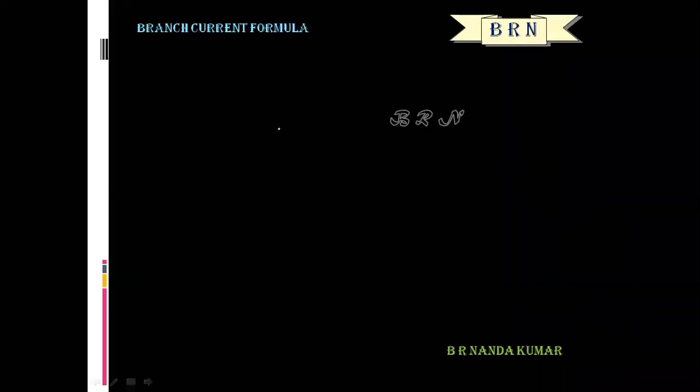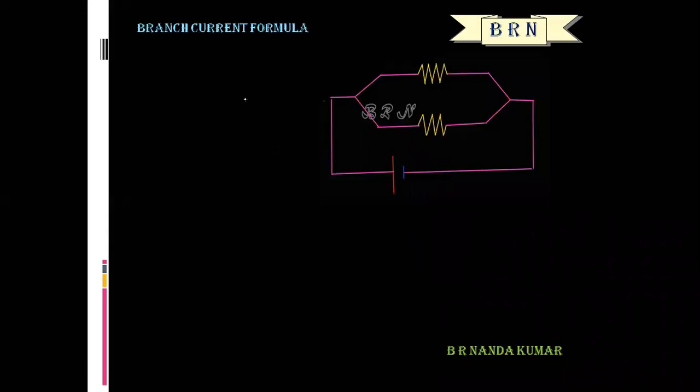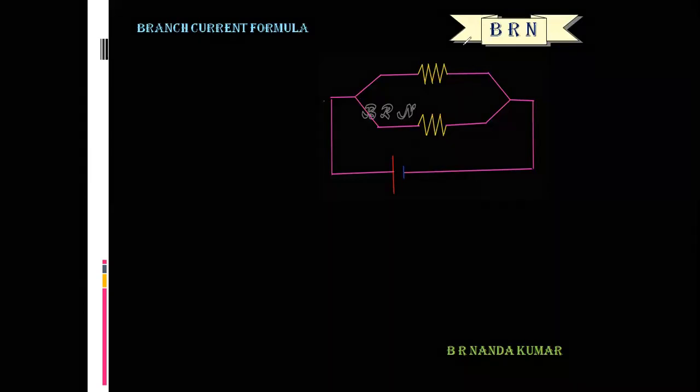Okay, the next topic is the branch current formula. So this formula is applicable only if the two resistors are connected in parallel.